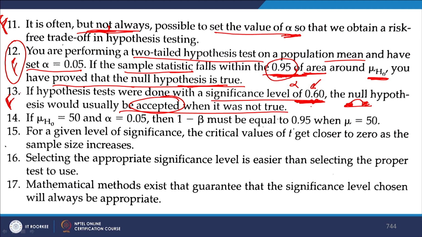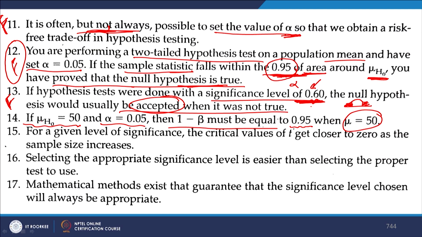Let us look at the 14th one. If the hypothesized population mean is 50 and alpha is 0.05, then 1 minus beta must be equal to 0.95 when the mean is 50. What do you think? Is this a true or false statement?